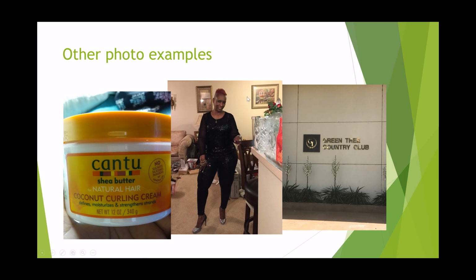There was a woman who showed a picture of her mother-in-law dressed up for a night on the town and talked about the stereotypes of older women as being frigid and asexual, and talked about how her mother-in-law was able to break that stereotype. And then there was a woman talking about her privilege of having access to a membership in a country club and the feelings that came with participating in those activities, and realizing the limitations that other people had in accessing that same type of social activities.